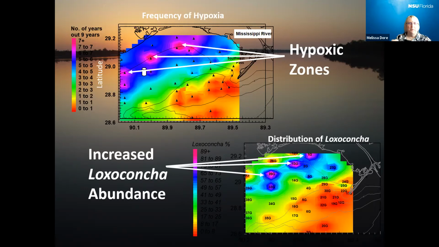So what we were actually able to prove with these little critters was that the amount of fertilizers going from the Mississippi into the Gulf of Mexico were causing the dead zones.